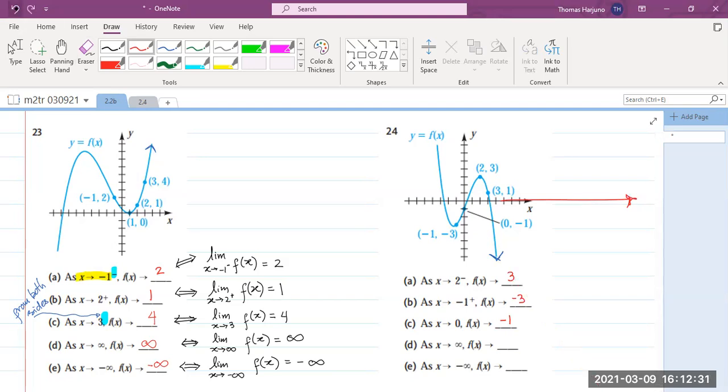So as x goes to infinity, the value of the function will go to negative infinity. Then as x goes to negative infinity, when you go very, very far to the left, the value of the function will go up to infinity instead.